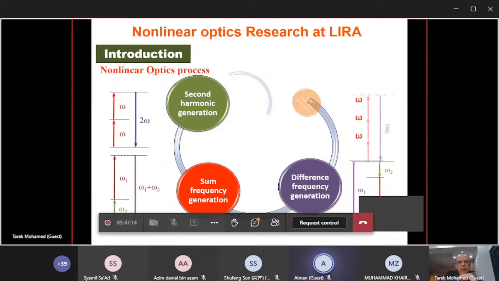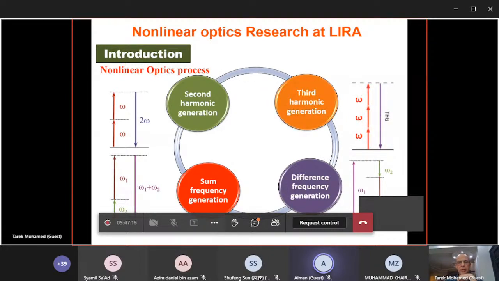And the fourth process, third harmonic generation: the material absorbs three identical photons of the same frequency and emits a new photon with three times the absorbed frequency.